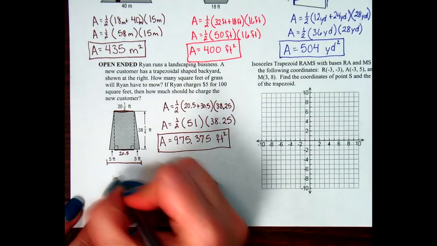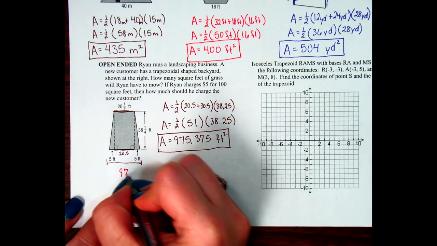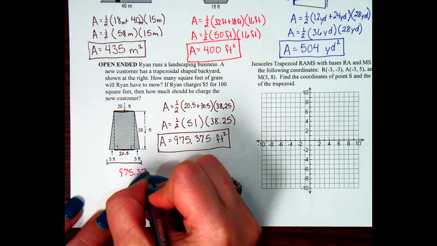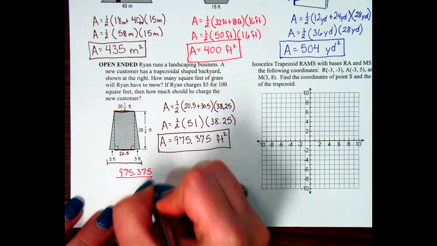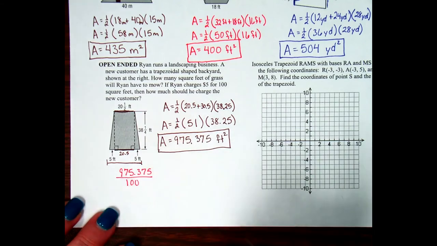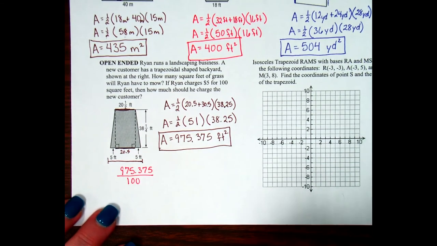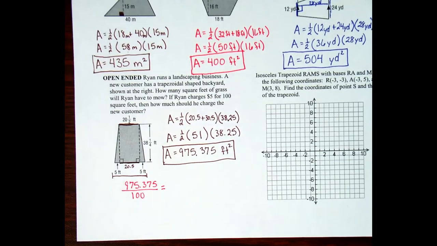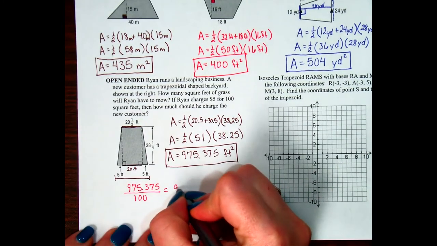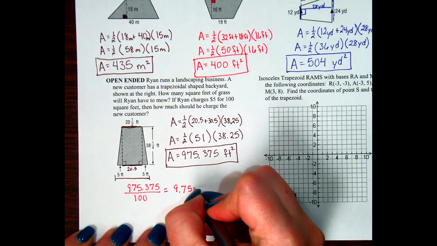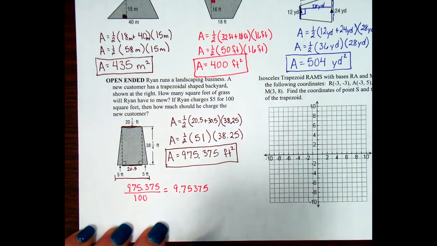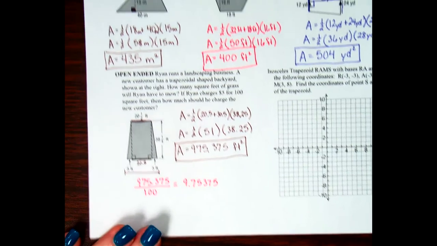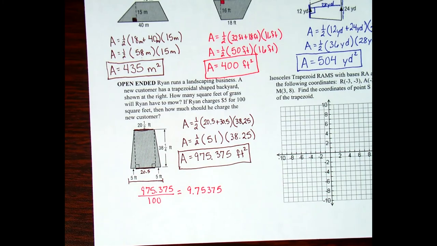So I'm going to take my 975.375 and divide that by 100, because for every 100 square feet, I'm going to charge $5. Hitting divide by 100 just moves the decimal over 2 places, so it's 9.75375. It is $5 for every one of those.